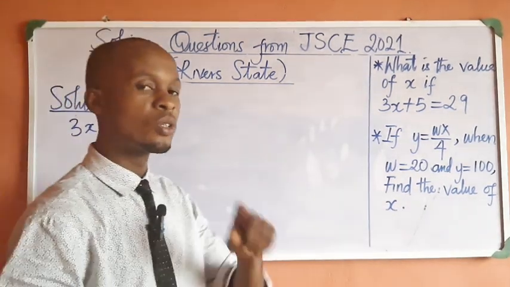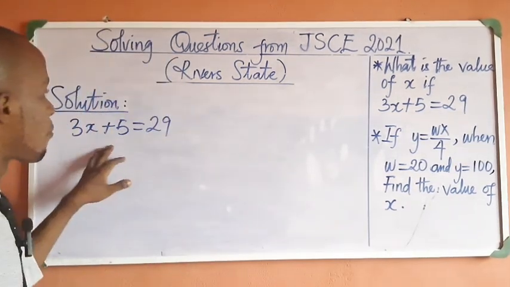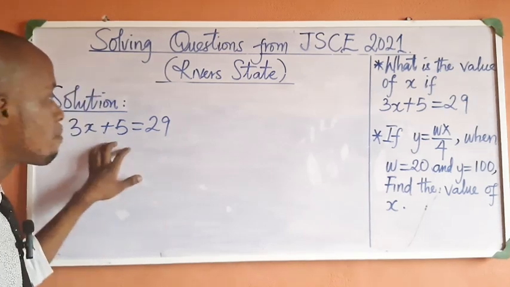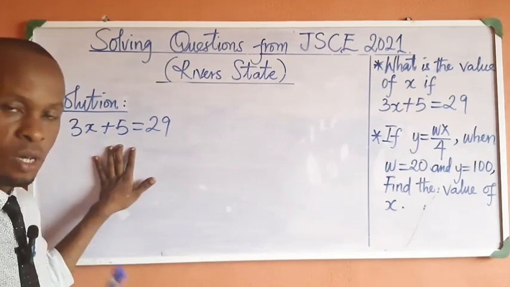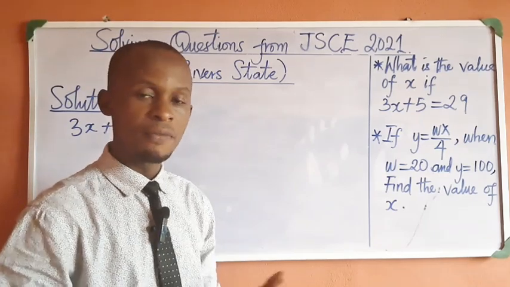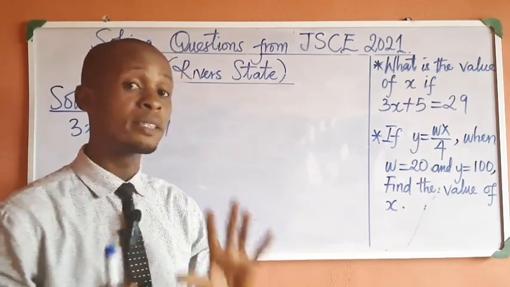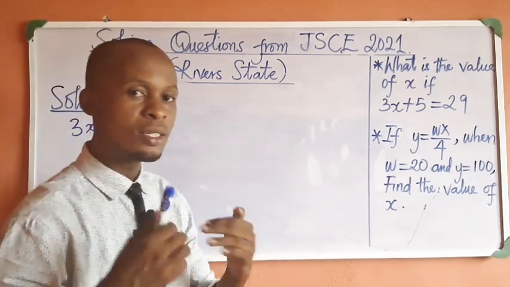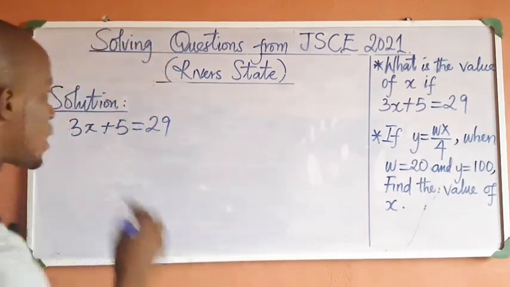First, I would like you to understand that this type of question is an equation. This is a simple linear equation, and it's very, very easy to solve. So I want you to pay attention and be calm as I explain to you step by step.